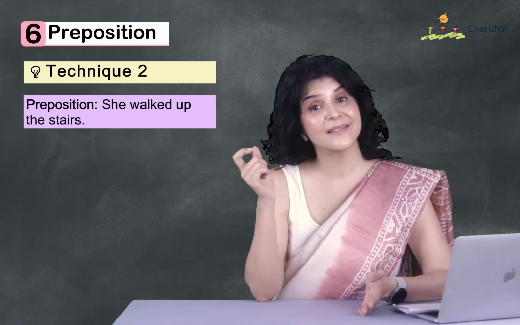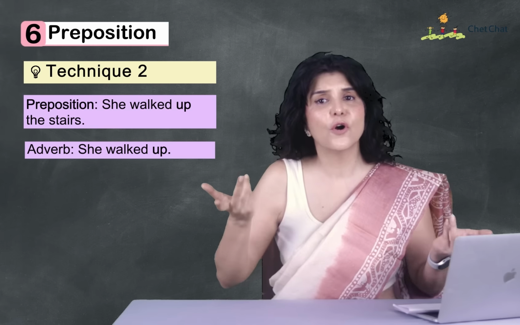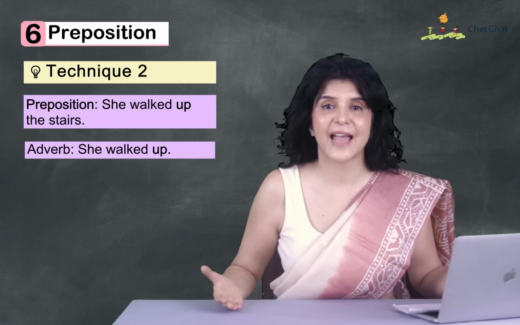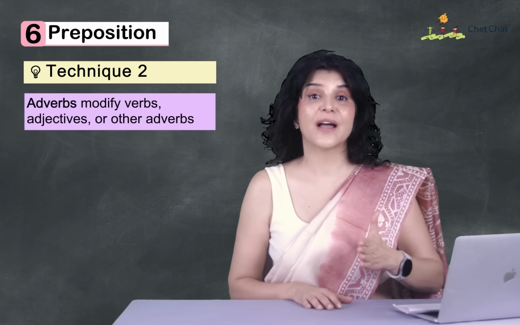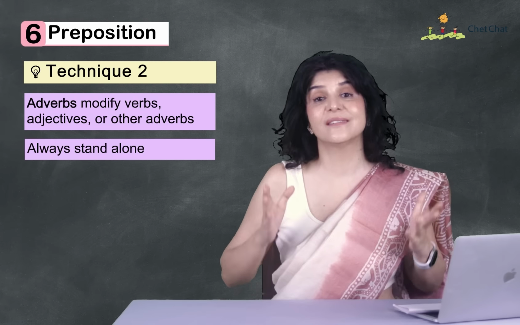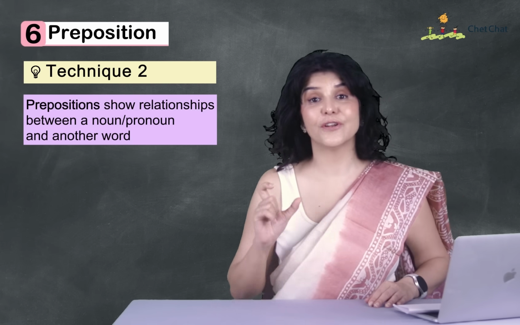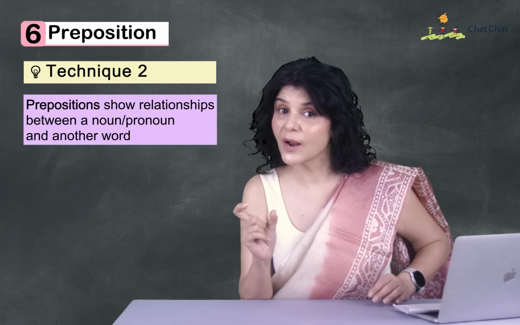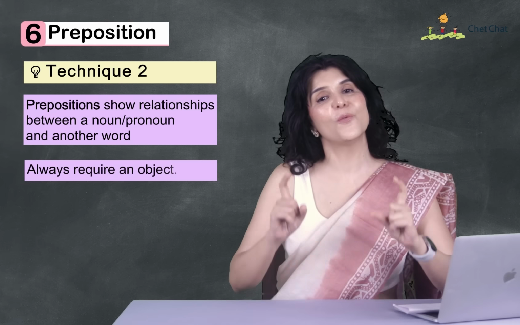Up plus stairs is the object. So it's a preposition. She walked up. There's no object. It just describes the action. So here's the difference. Adverbs modify verbs, adjectives, or other adverbs, but they always stand alone. Prepositions show the relationships between a noun and a pronoun and another word in the sentence, and they always require an object.